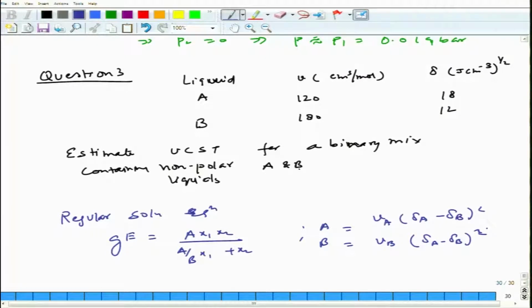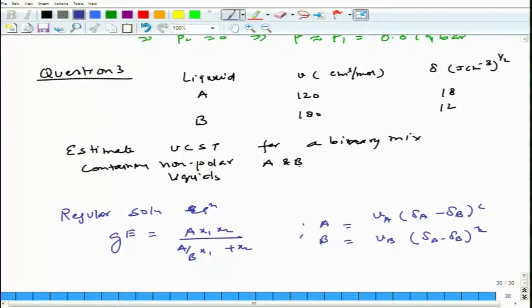Now, this is GE. From here we can of course get the other expressions, but let us first find out what A and B are, because we have the information of V's and delta.